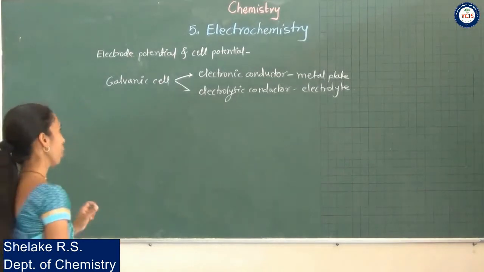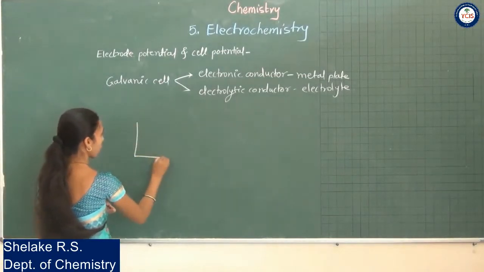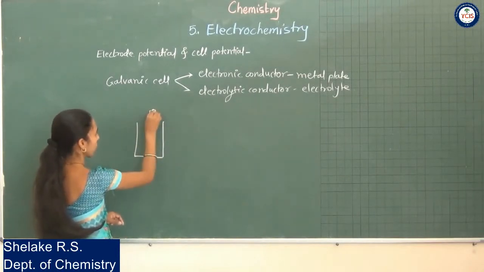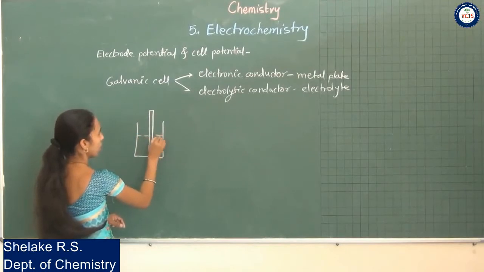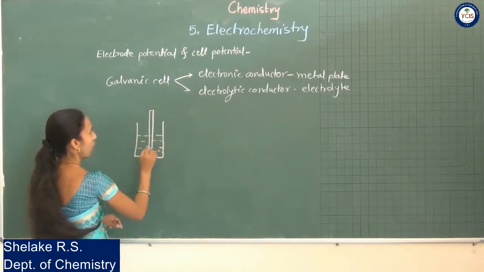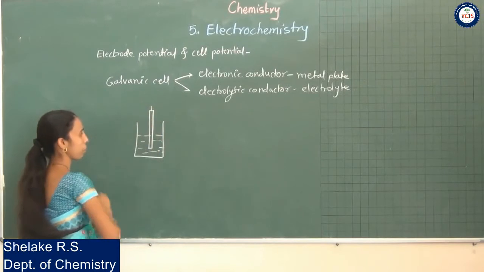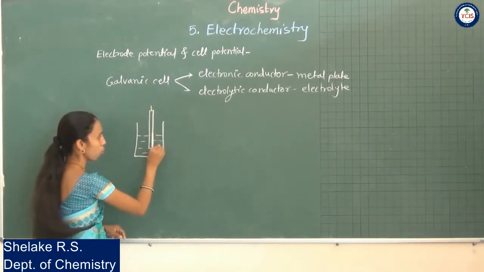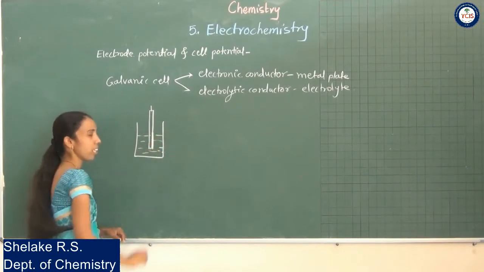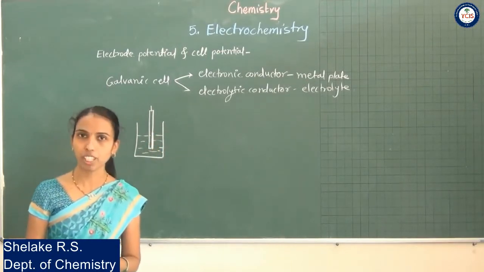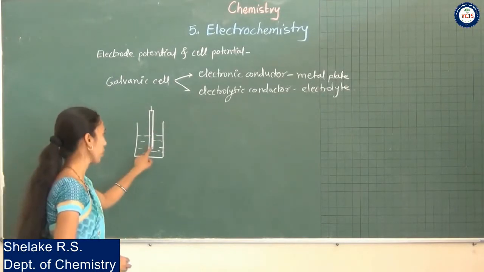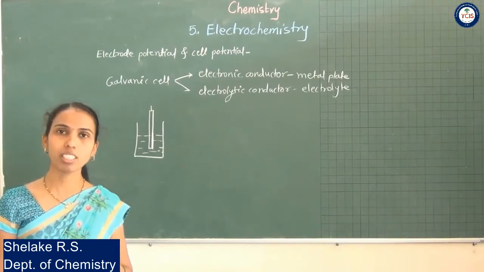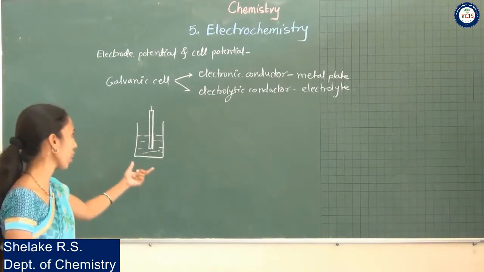Okay, see here, this galvanic cell consists of two half cells, in which the electrolytic solution and the electrode or metal plate are present. At the surface between the solution and the metal plate, an electrical potential is established, and this potential is established due to the half cell reaction.